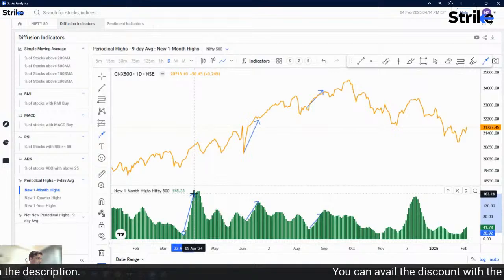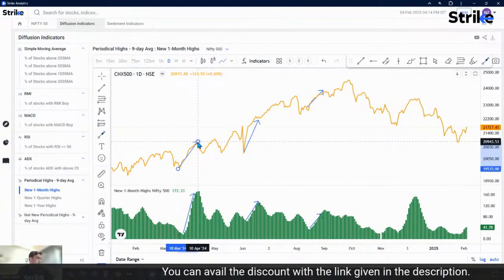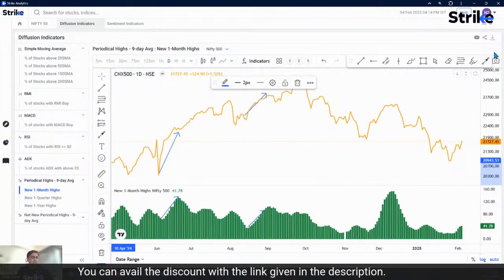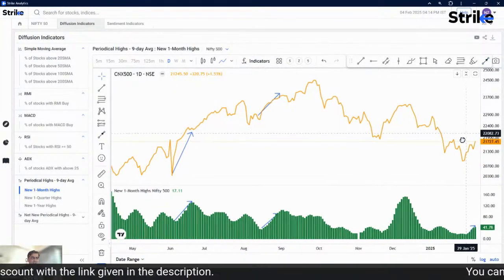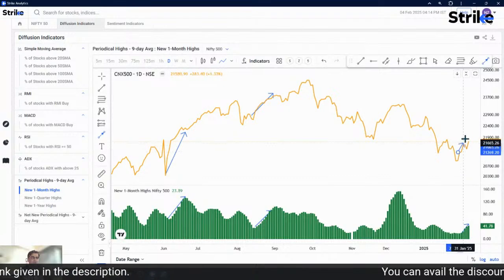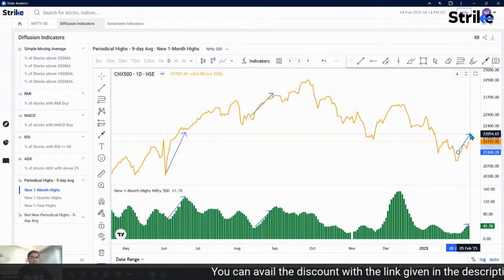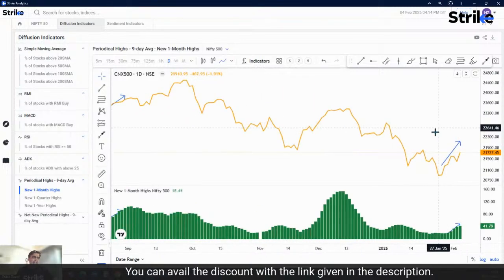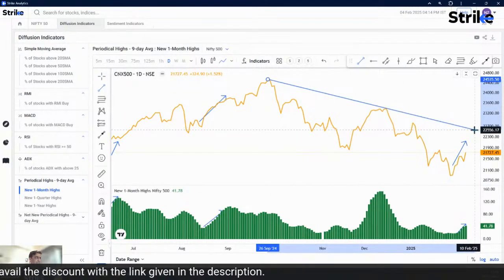Similarly, here, a strong trend up over here. So again, this is just one indicator which is also signaling that yes, we are in an uptrend now, and the Nifty is expected to go up from here. Where can it go? You can definitely draw some lines over here.